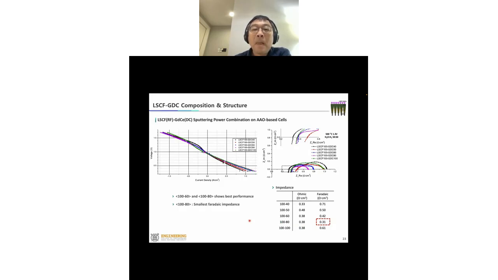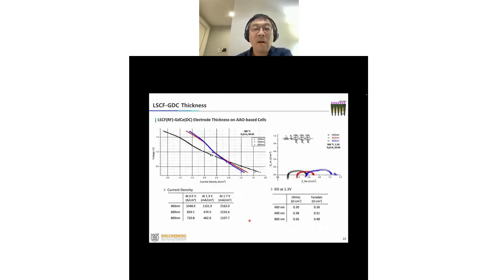Okay, with all this information, everything's aligned together. Then we also made another cell, and in this experiment we changed the thickness of the electrode.